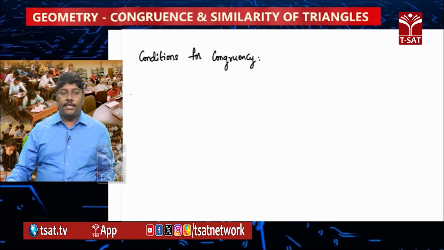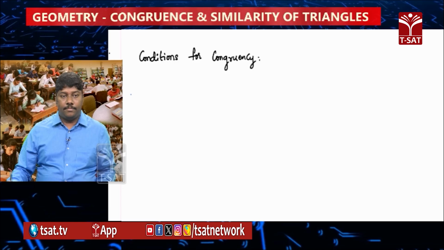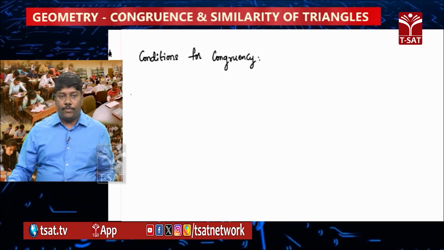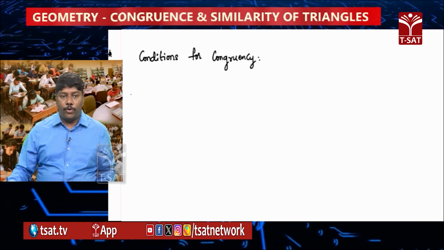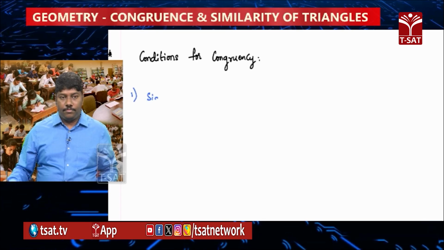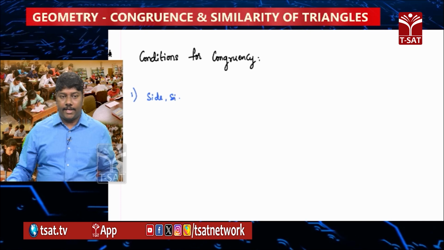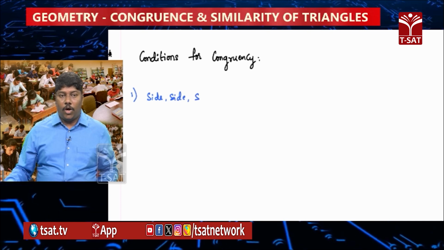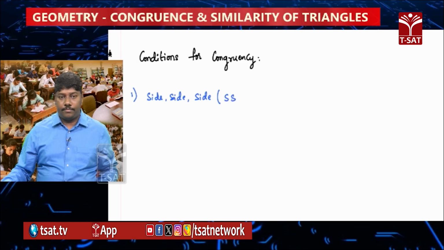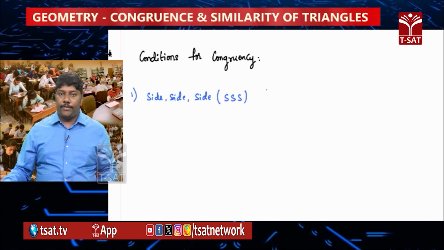Now, how do you recognize that two triangles are congruent triangles? So, we say conditions for congruency. First, side, side, side: all three sides of one triangle must be equal to all three sides of a second triangle.